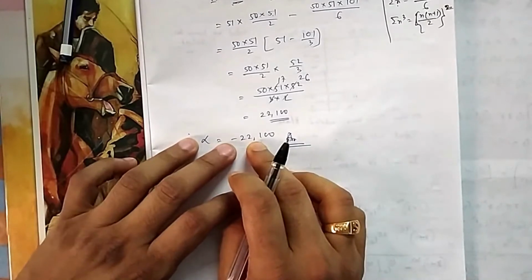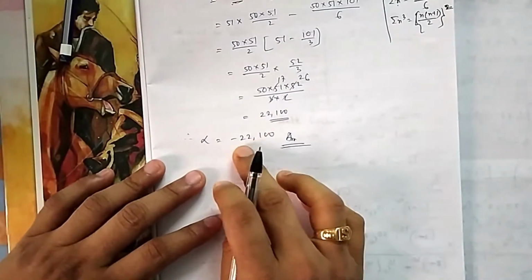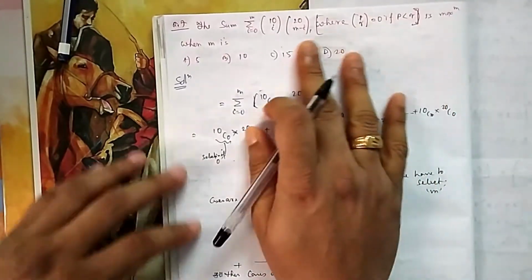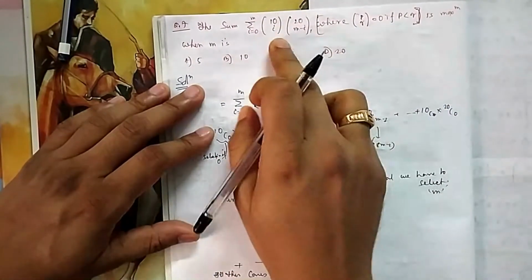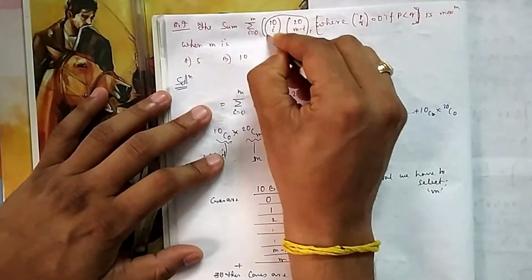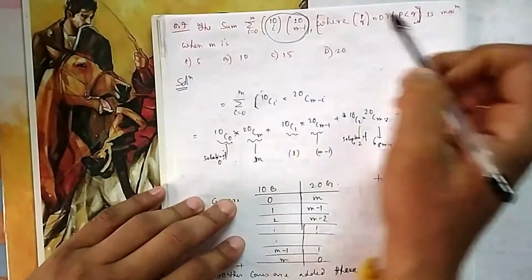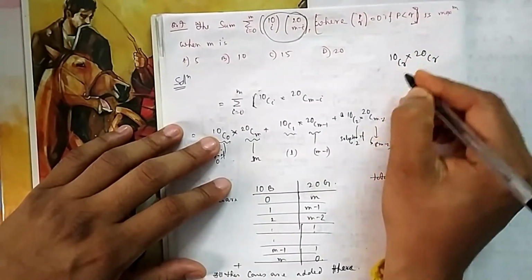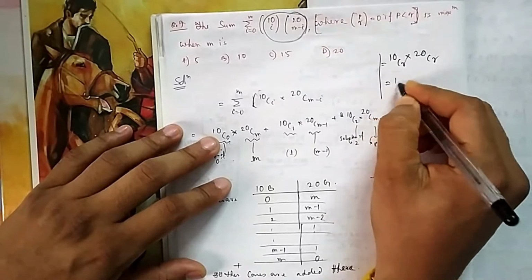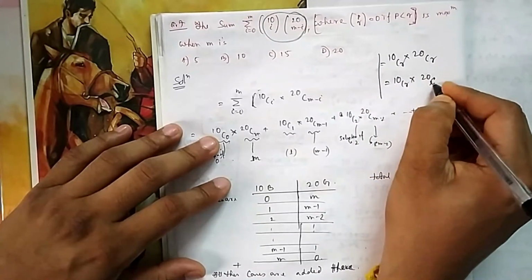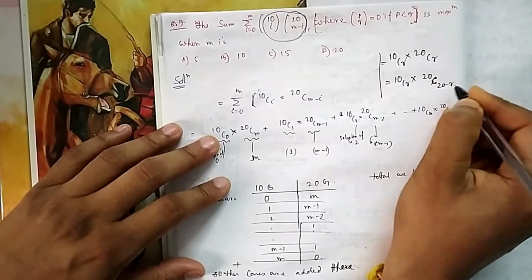Then alpha is equal to minus this, because it was minus alpha. If you see question number 7, what is given? The sum of this. Now once you see this type of expression, 10ci and 20cm minus i, suppose this type of expression 10cr 20cr, you can also write it as 10cr multiplied by 20c 20 minus r, using the binomial property.